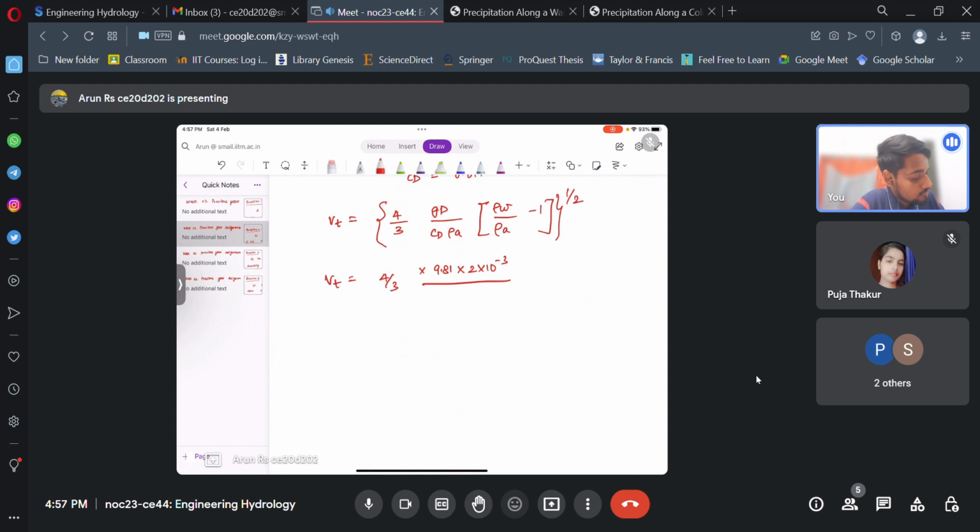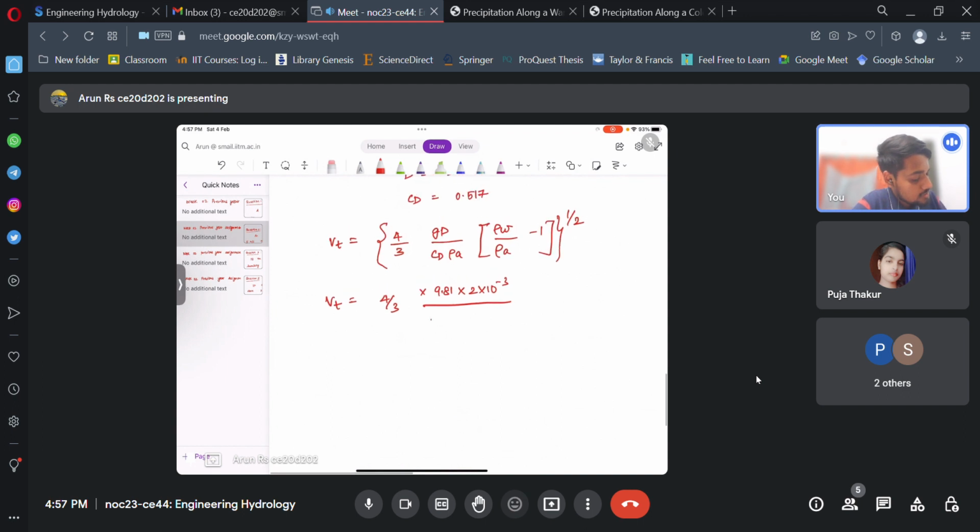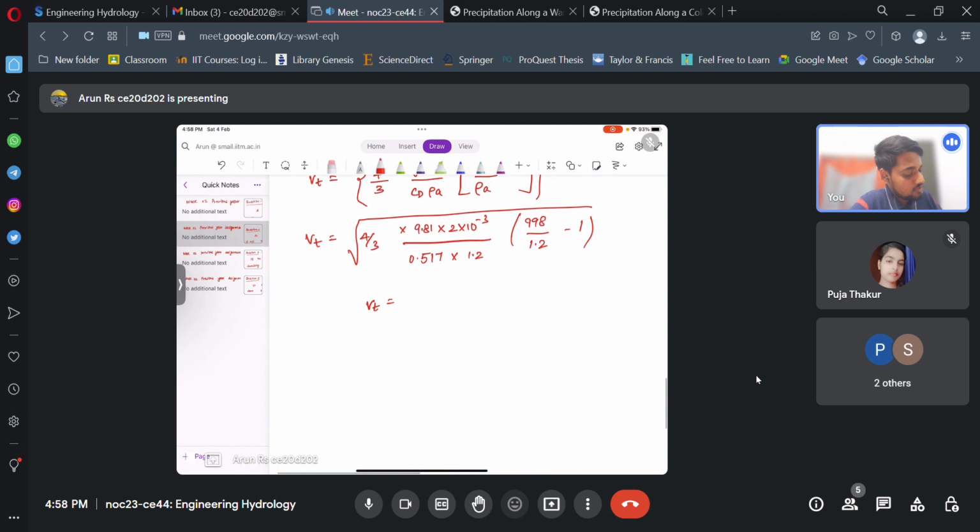Make sure you substitute in the consistent units. So if you see, it works out to be 5.69 meters per second.